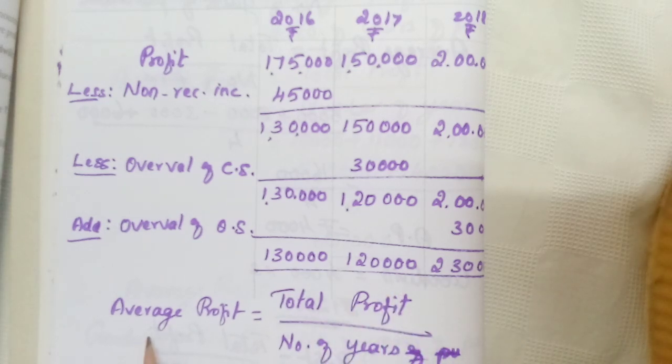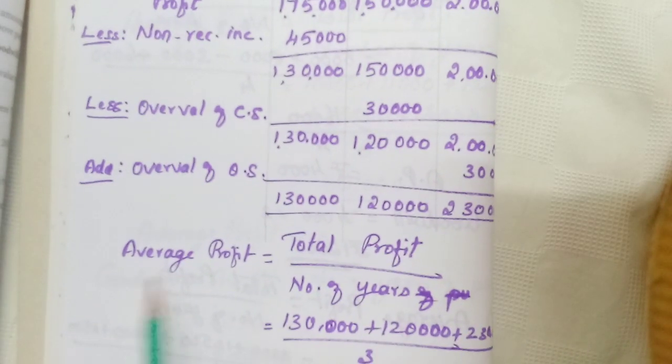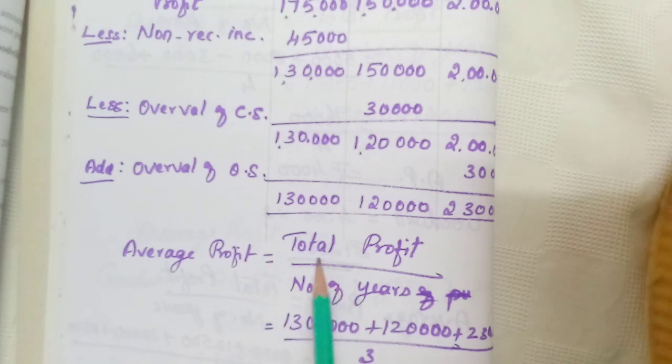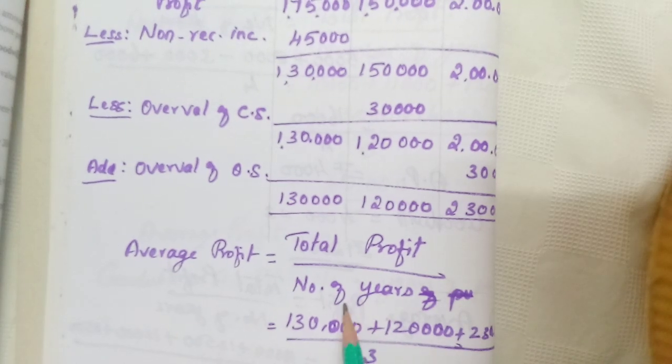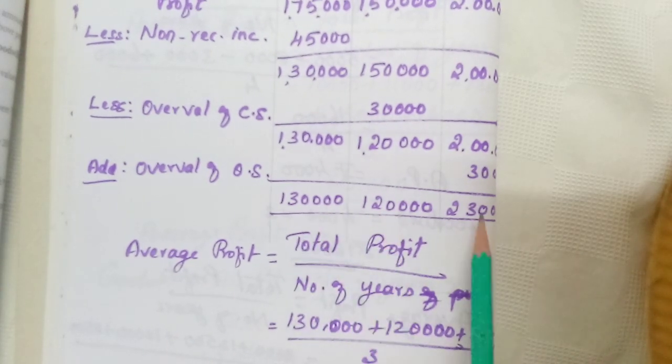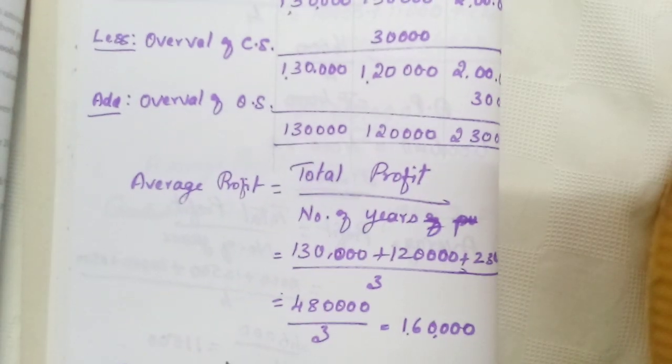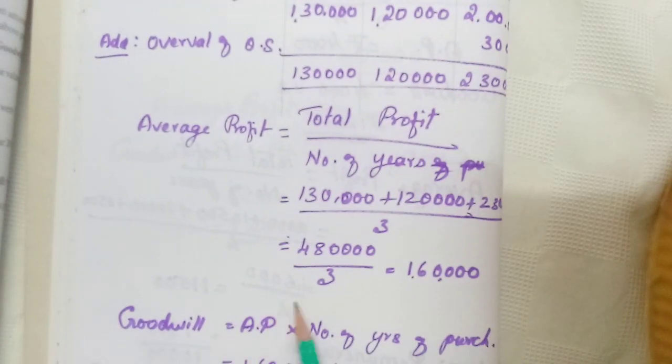Now we need to calculate the average profit. What is the formula? Total profit divided by number of years. Then total profit, this one and this one, right? Plus, then divided by 3. When we add, we will get 4,80,000 divided by 3, 1,60,000.